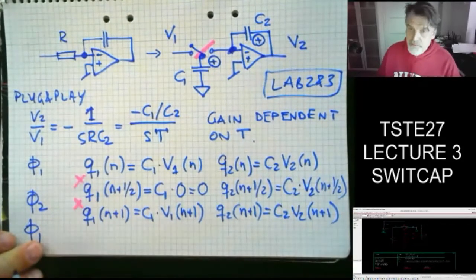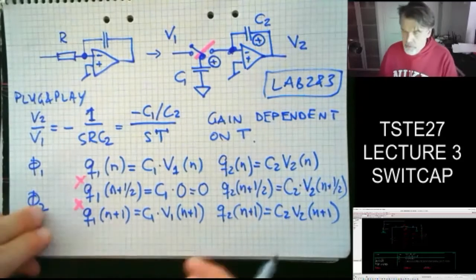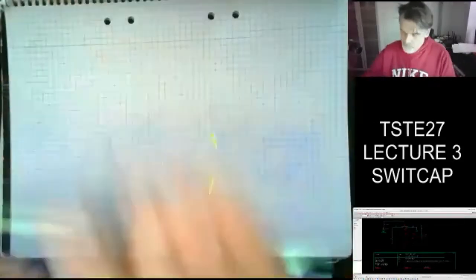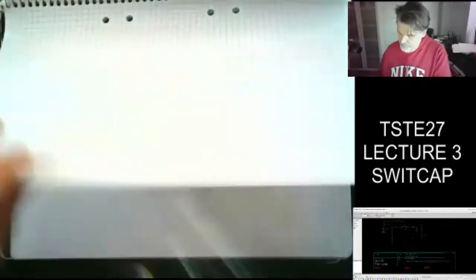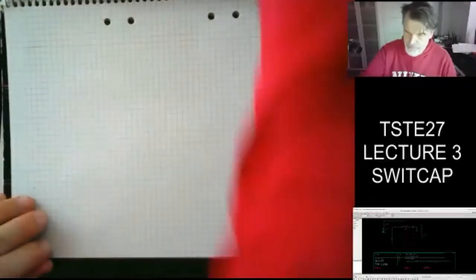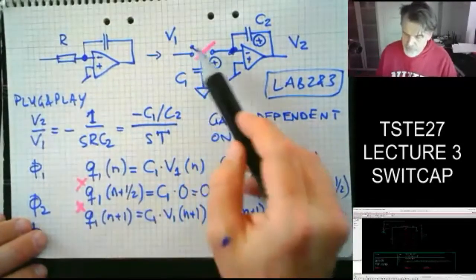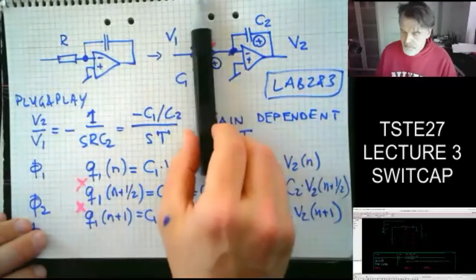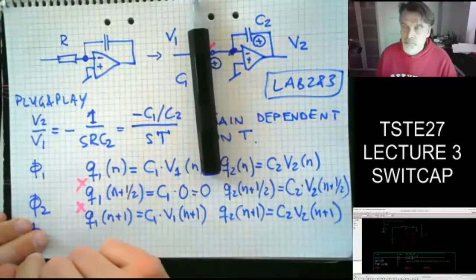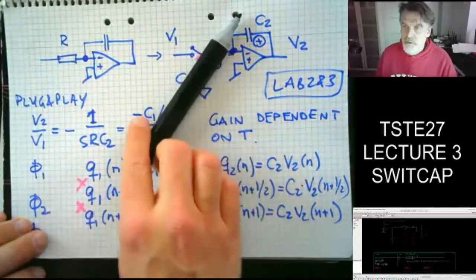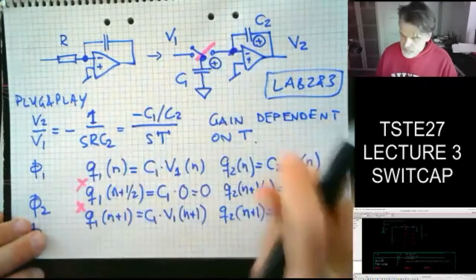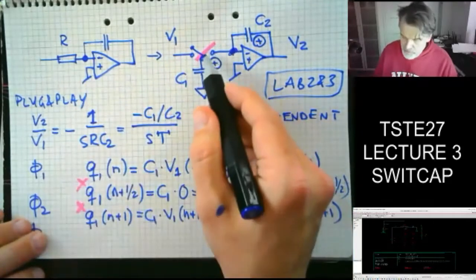So let's investigate the first preservation. We go from this scenario, where we have the switch pointing upwards for a short period of time, and then it switches here. So what's happening in this particular case?